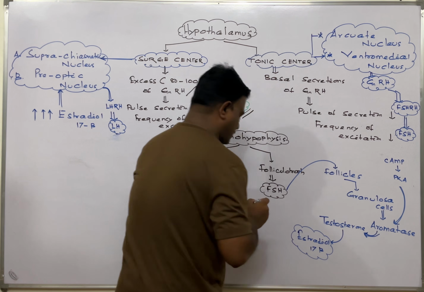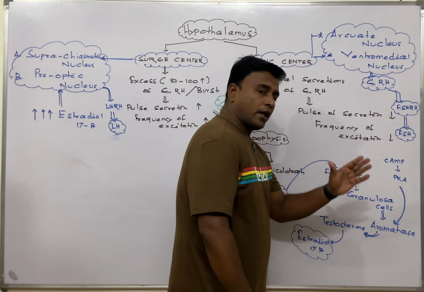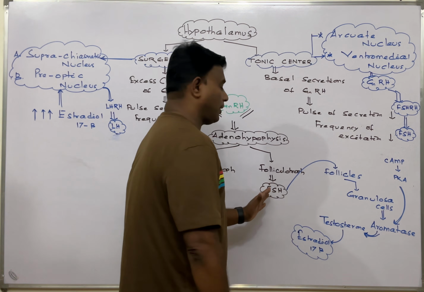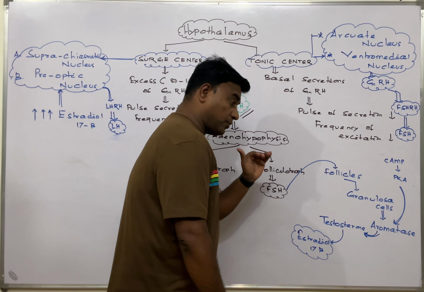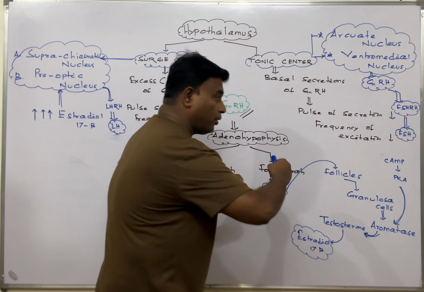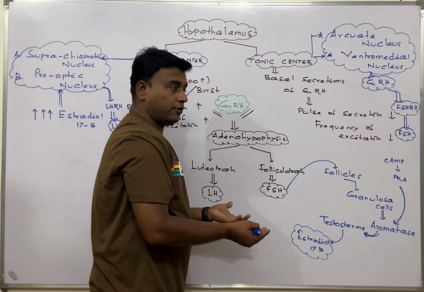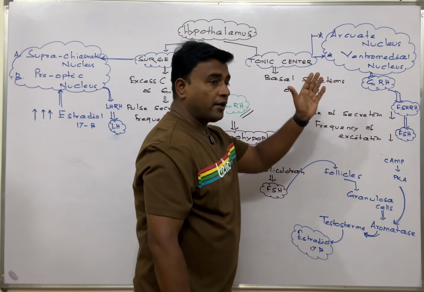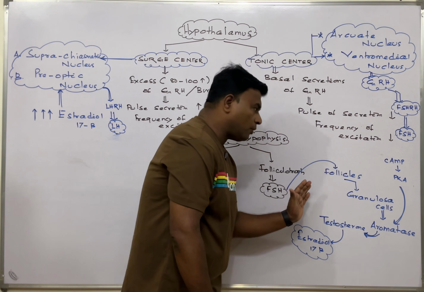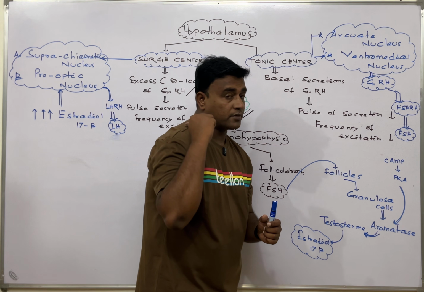But try to understand the point. Follicular growth and follicular maturation are totally dependent on FSH. FSH peaking from 2 to 3 days prior to the ovulation process creates that environment where the recruitment and selection process will go on. By virtue of this, the follicles gradually increase in size, as in my previous lecture.